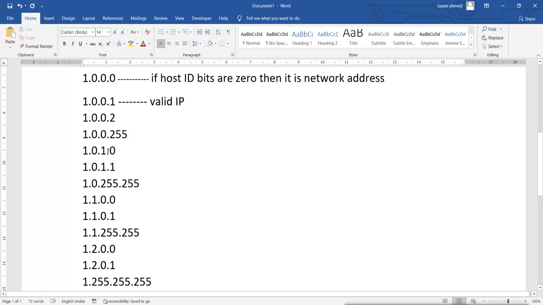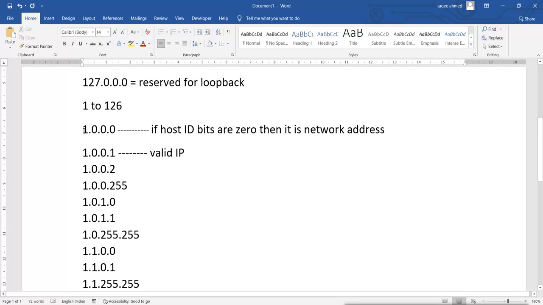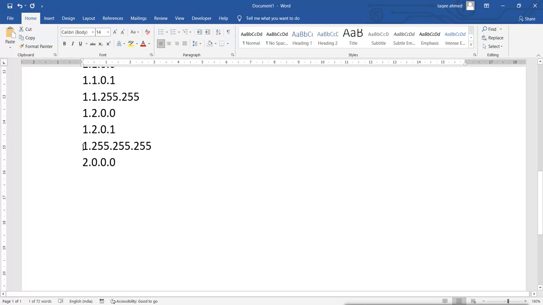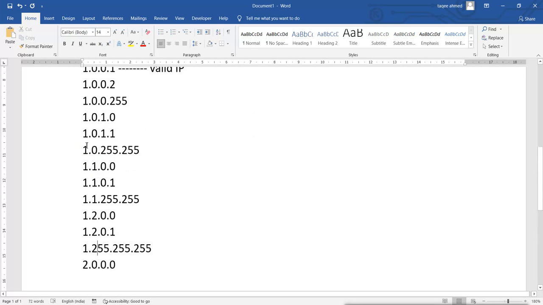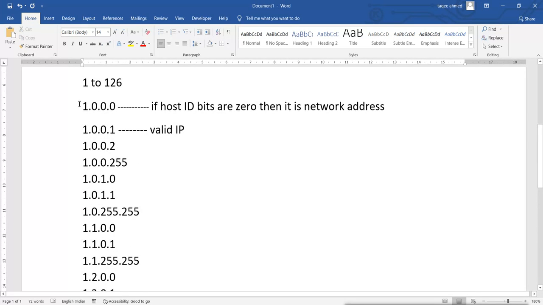Now if you see from the network IP and from the first valid IP till this IP, the last IP, you can see all the IPs have the same network bits. You can see the network part is the same.